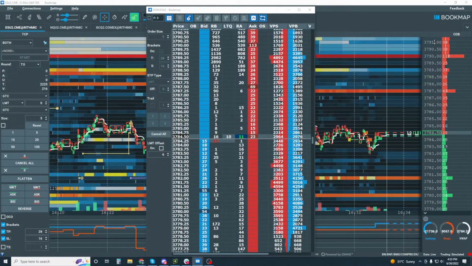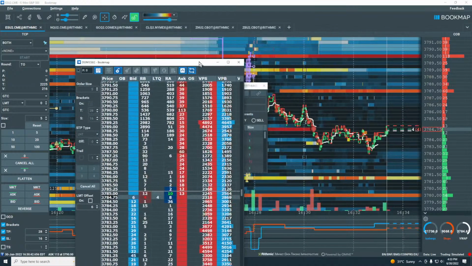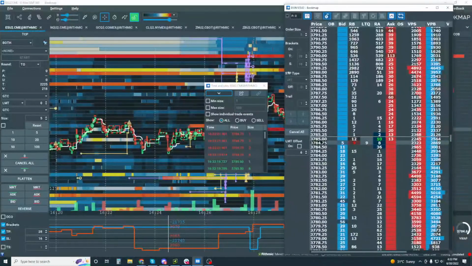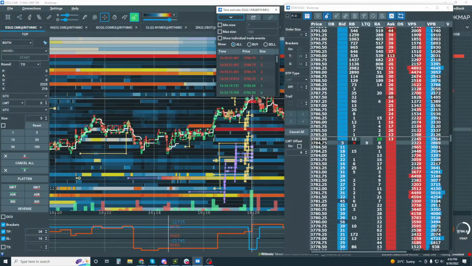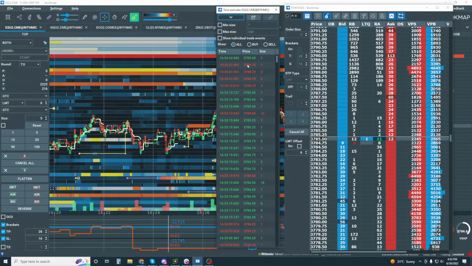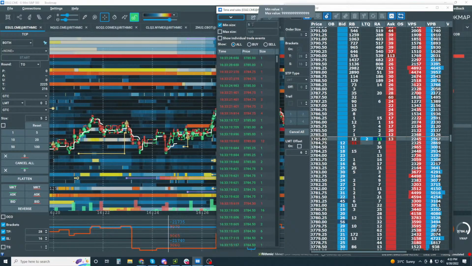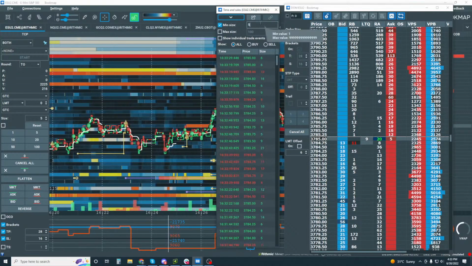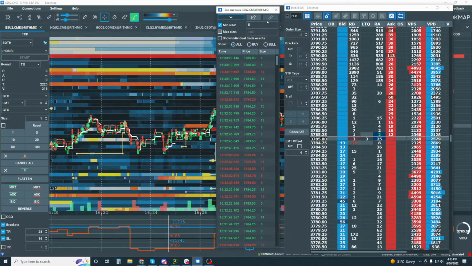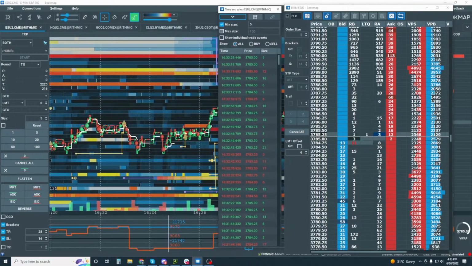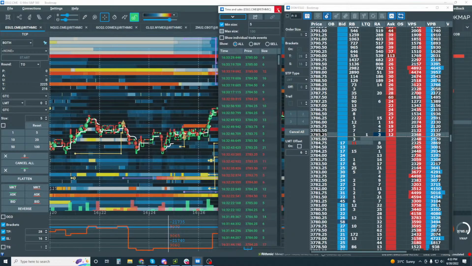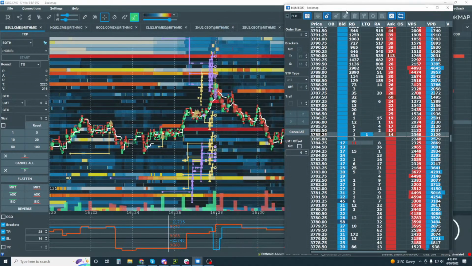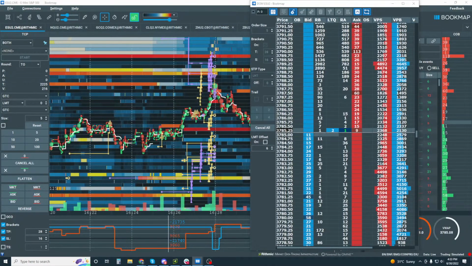Once you pop it out, there it is, and you can align this right next to it if you like, and you can do your filtering in here, minimum size, whatever. That's how you'll access your time and sales. All right, good question.